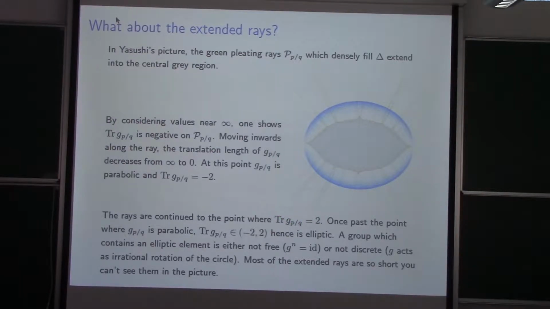So you can continue the ray, and actually you could continue all of the rays, but for most of them, the continued part is tiny. It ends so near the boundary you don't really see it. But that's what these inside extended rays are. But once you're on one of these rays, you've got an element which is elliptic, so it's either not a free group or not a discrete group.